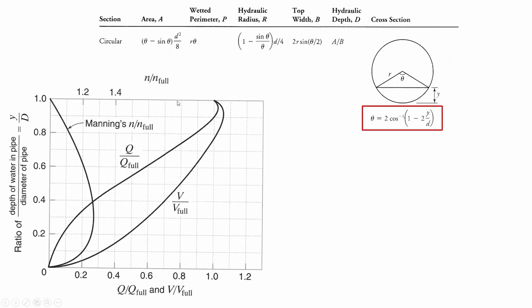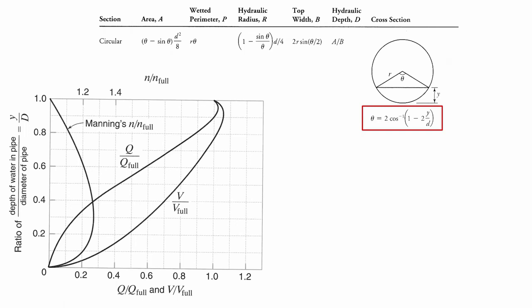Now it makes sense that when the depth of flow is equal to the diameter, that it's 1.0. But this is weird. Look at how it's to the right of the 1.0. So what that says is actually you can get more flow through a pipe if it's almost full than if it's totally full.